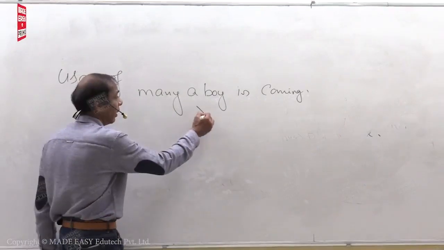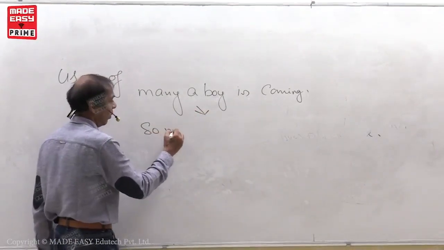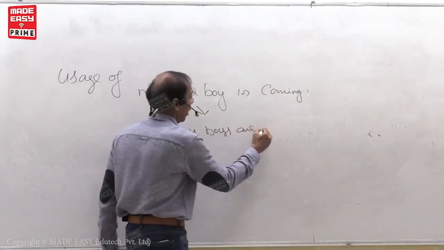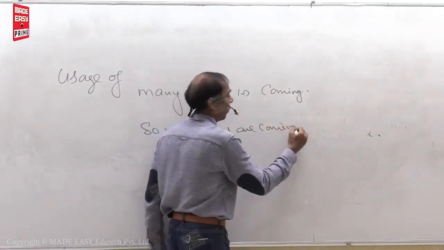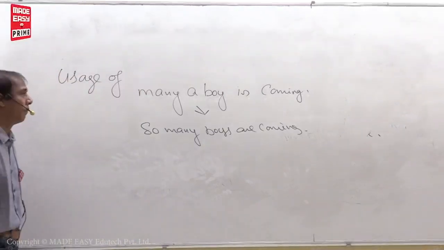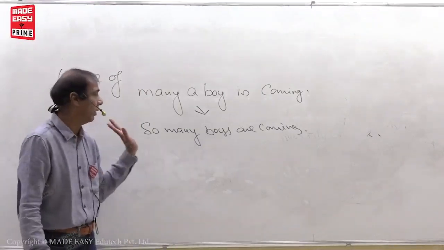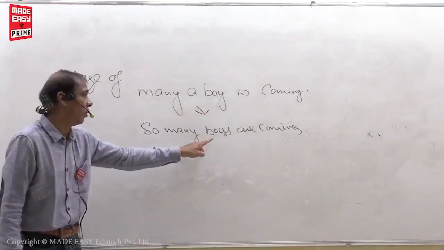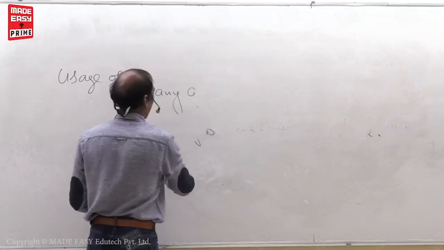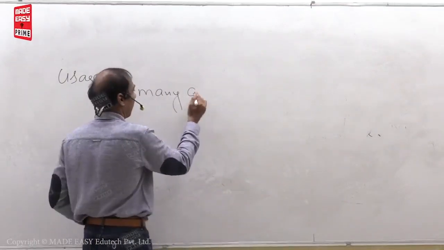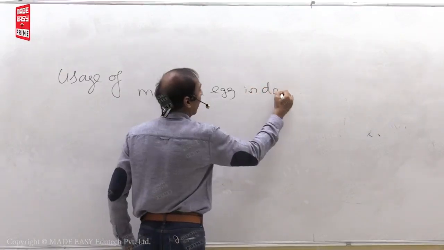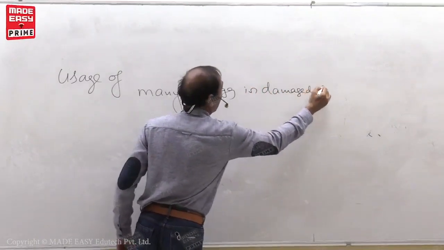You know what is the meaning of the sentence? It means so many boys are coming. Many a boy is coming means so many boys are coming. One more. Many an egg is damaged.